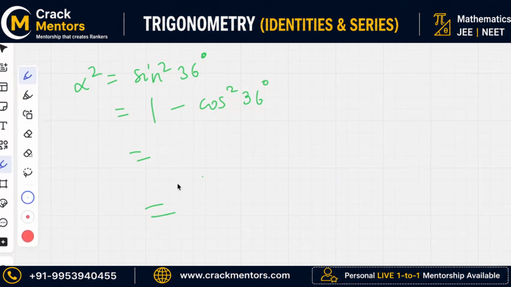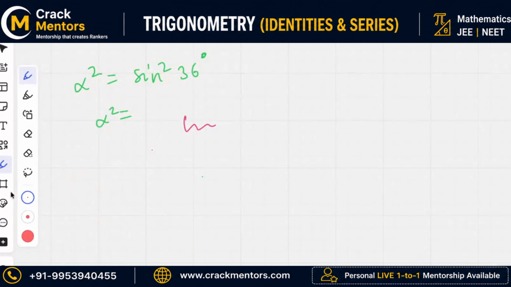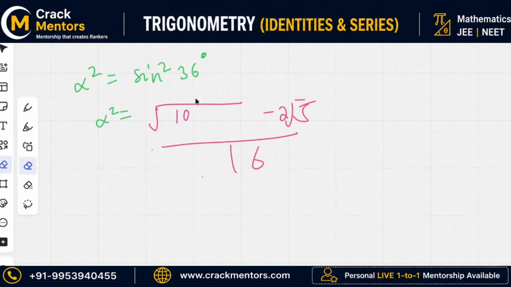I'll just tell you the final result, right? It's 10 minus 2 root 5 by 16.